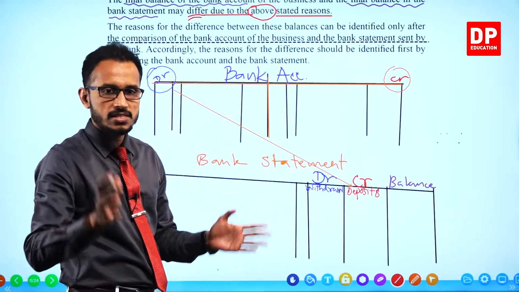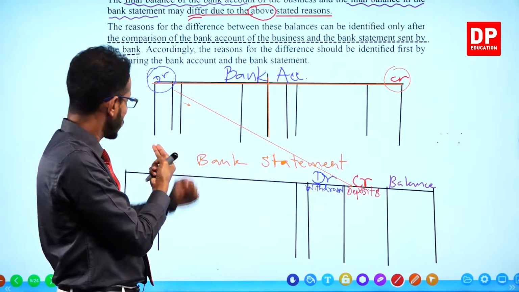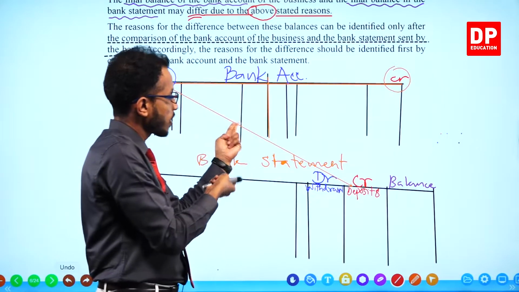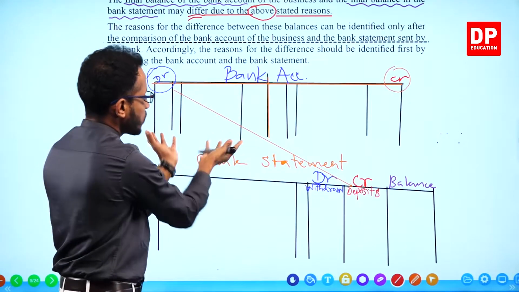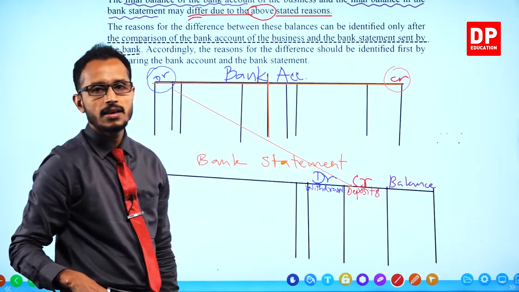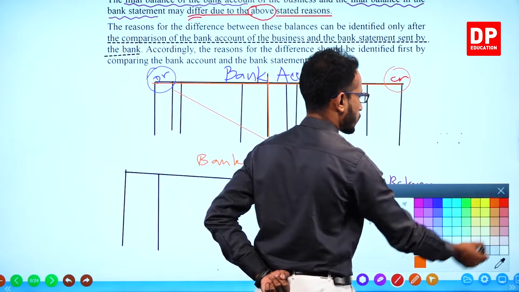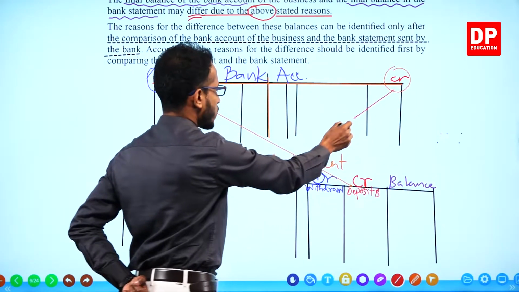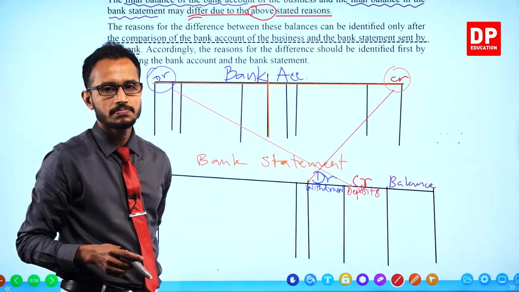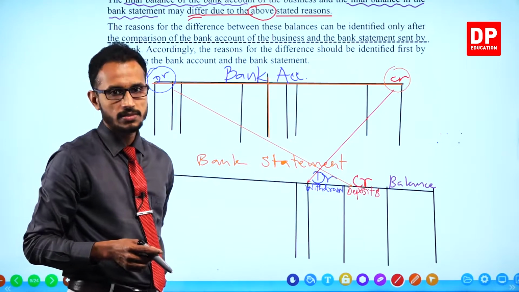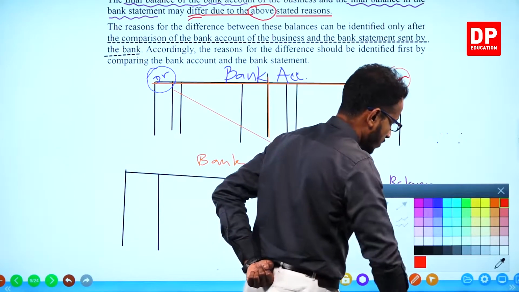Since all the deposits and cash receipts are debited in our bank account, but in the bank statement deposits are credited, our debit side should be compared with the credit side of the statement. And not only that, our credit side should be compared with the debit side of the bank statement. Got it? These are not rocket science, not so very complicated.